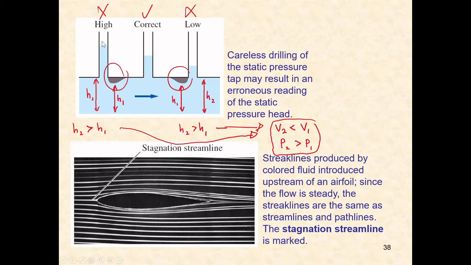If you place the piezometer tube before the sedimentation, you get a higher pressure. If you place it after the sedimentation, you get a lower pressure. If you place it nowhere near any sedimentation, you get a correct value in between the high and the low. So our objective is to find a place where there's no sedimentation.